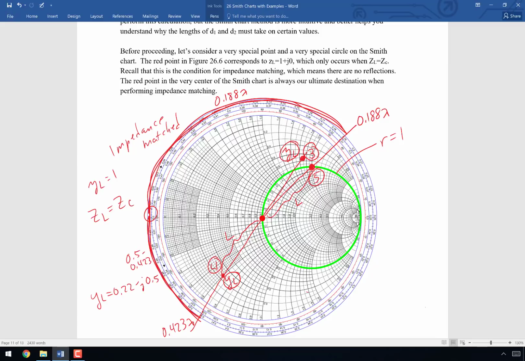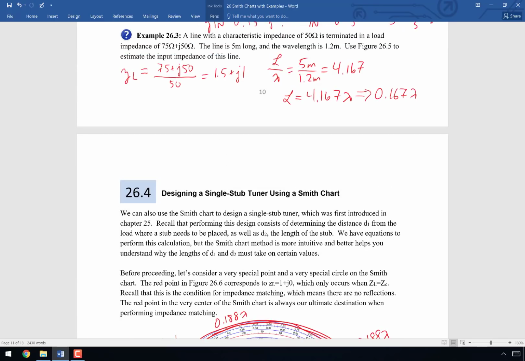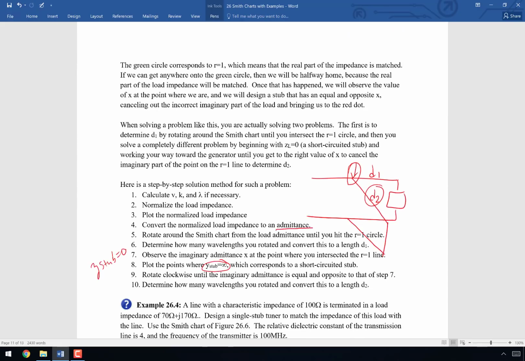And when I move that full length, that turns out to be 0.265 lambda, which is 0.4 meters. And that means if I go back up here to my original sketch, which maybe was on a different page, I now know that D1 is equal to 0.40 meters. If I move 4/10 of a meter away from the load, then I'm on the green circle.